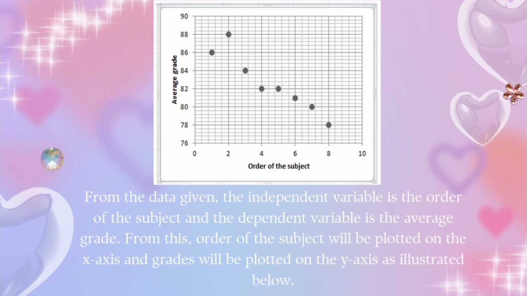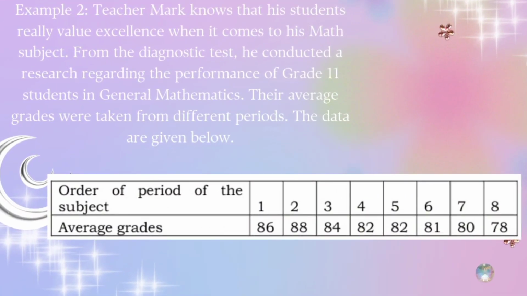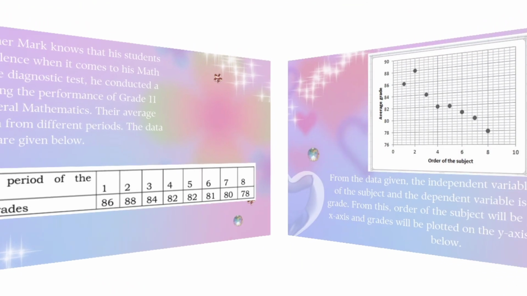So from the data given, the independent variable is the order of the subject and the dependent variable is the average grade. From this, order of the subject will be plotted on the x-axis and the grades will be plotted on the y-axis as illustrated below. So, atong first here is, atong x is 1 and atong average grades, which is y, is ang 86.